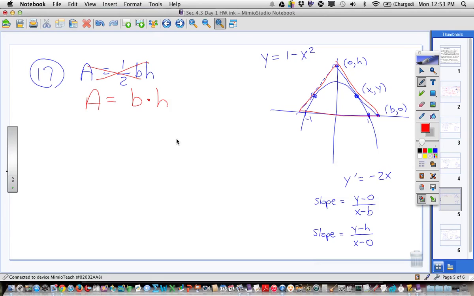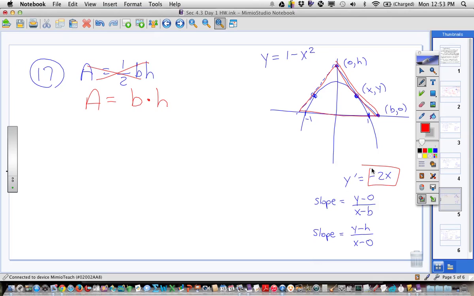All right, so what do we know? Well, we know we have a line and we know it's touching this curve. Well, by definition, that's the derivative. The slope of it is the derivative. So, one thing I can do is take the derivative at this point, which I've done right here, negative 2x. So that tells me the slope of this line right here, negative 2x. But I also know that the slope of this red line right here could be found by taking these 2 points and doing a slope calculation, right?